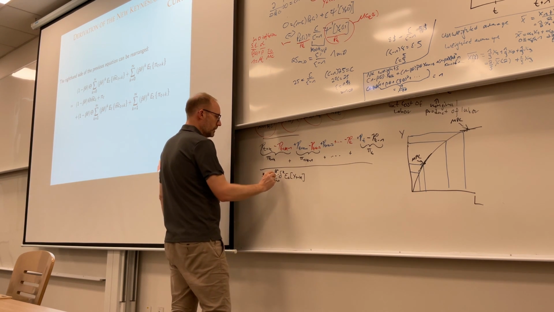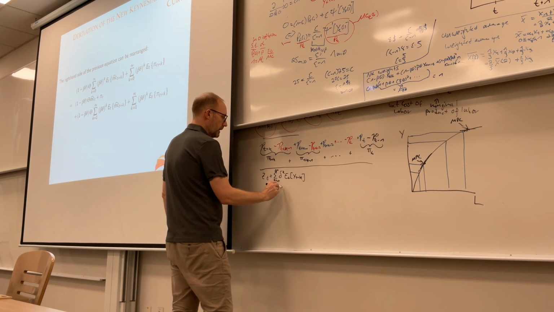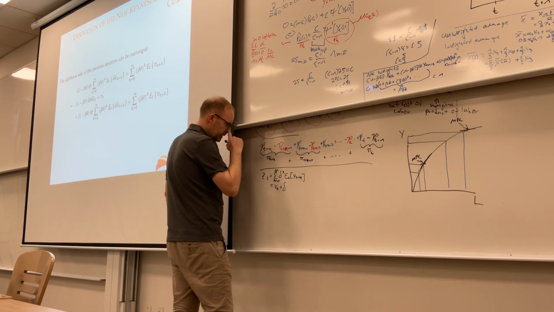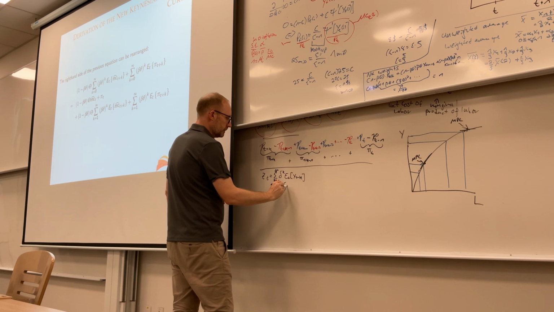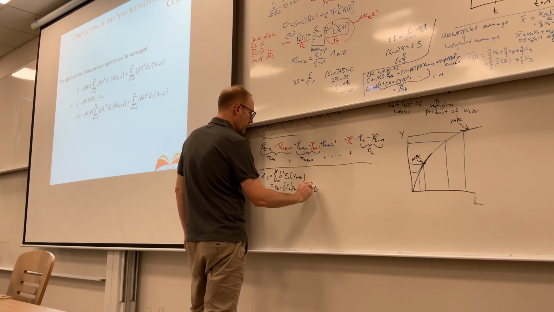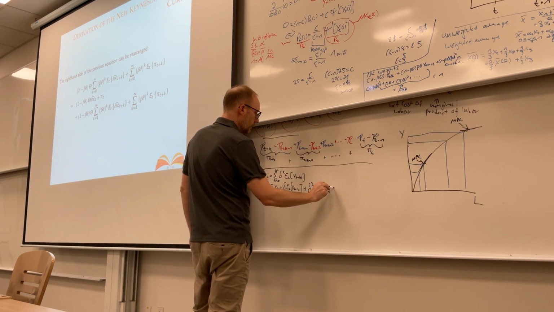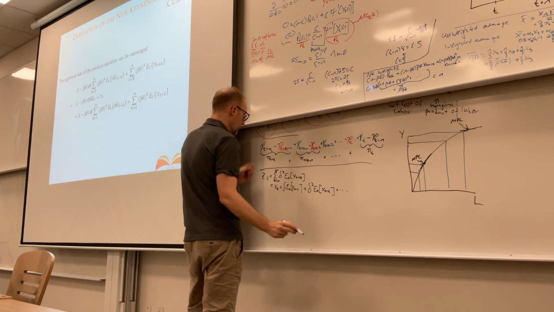This is equal to the first term, x_t, plus delta E_t x_{t+1}, plus delta squared E_t x_{t+2}, and so on.